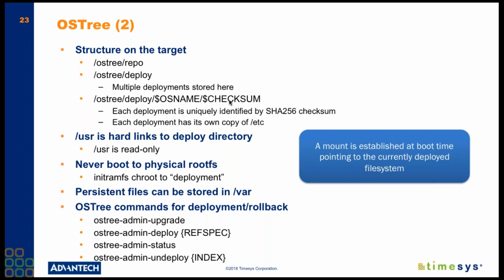Each of those deployments would have its own SHA-256 checksum, which would uniquely identify the deployment. That way I can differentiate between those deployments and can identify in a unique way the rollback point if something goes wrong. OSTree comes with its own set of commands that are also pre-installed in a target root file system to perform upgrades, to perform deployments, but also to undeploy certain deployments.